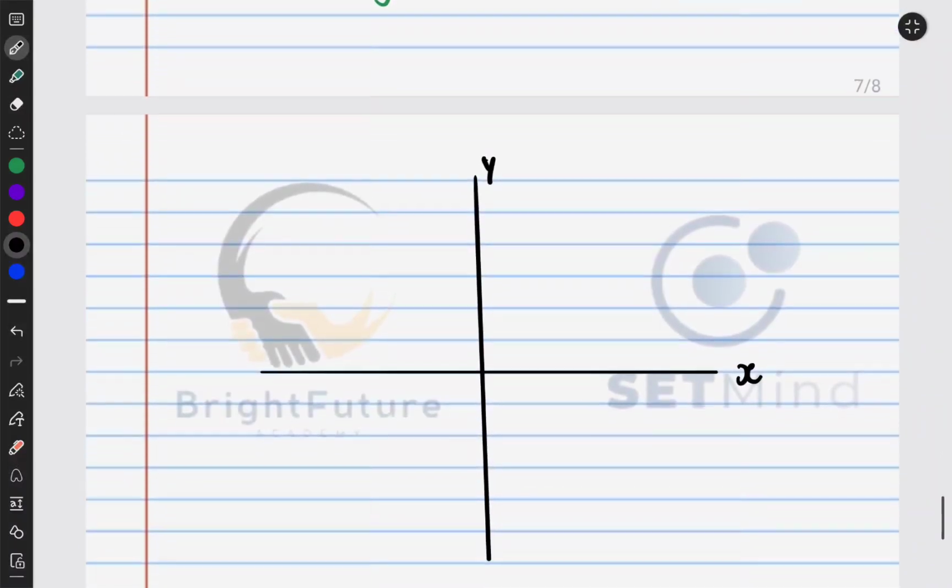I think we can calibrate it with 1, 2, 3, 4, 5 in each direction, positive and negative. Okay, and there we have it.